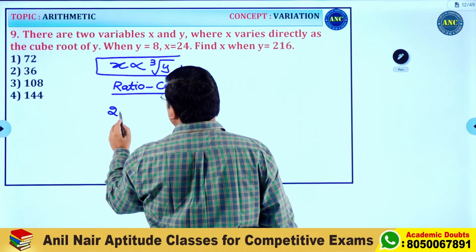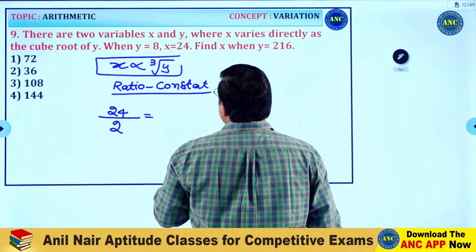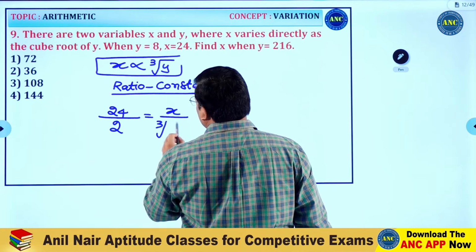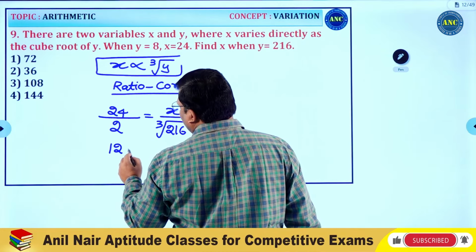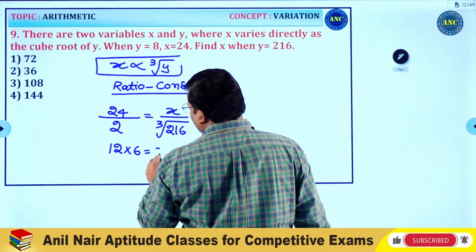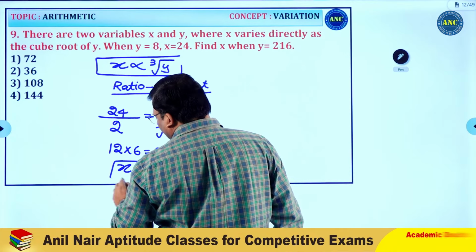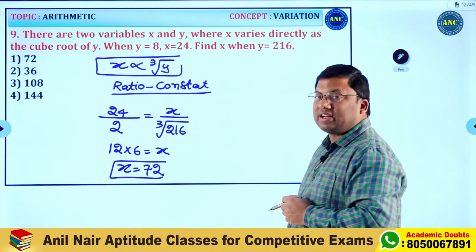X is 24 by cube root of 8, which is 2. X we don't know. Cube root of 216 is 6. 12 into 6 is equivalent to x. X is 72. I hope the idea is clear.